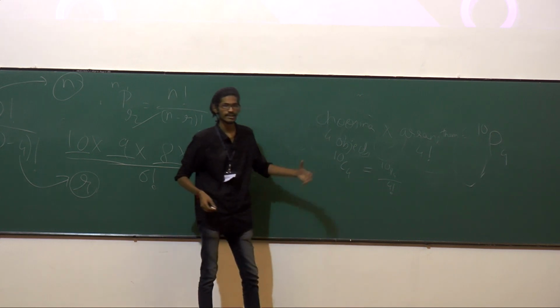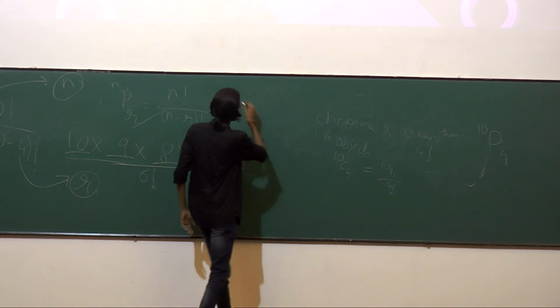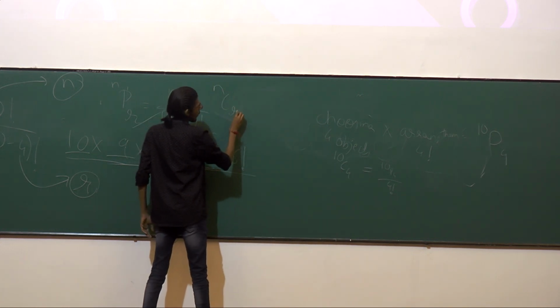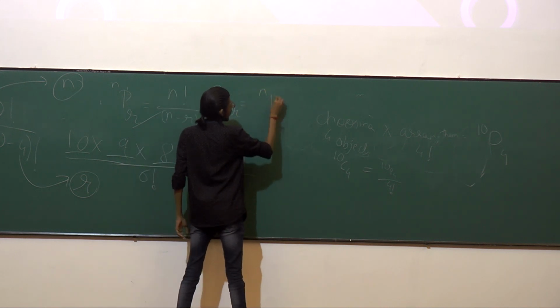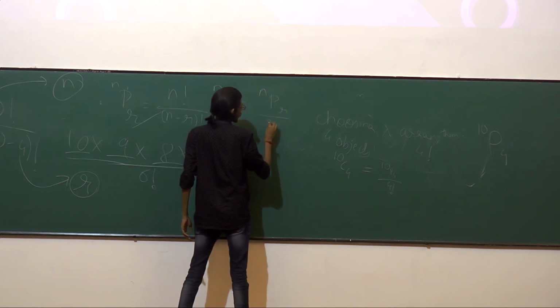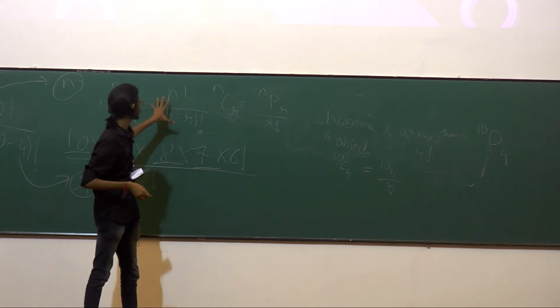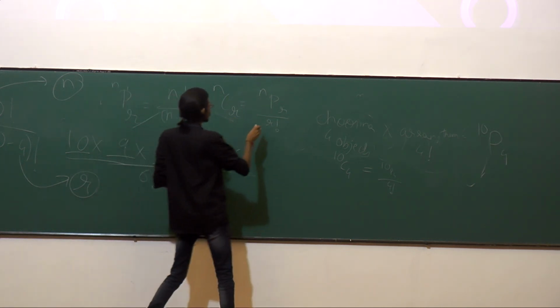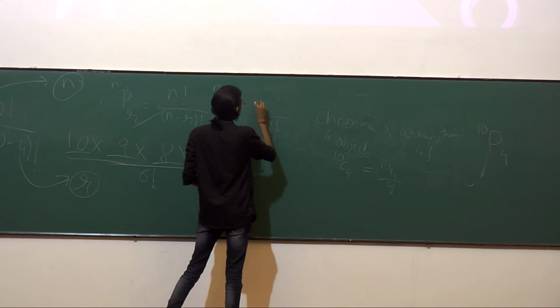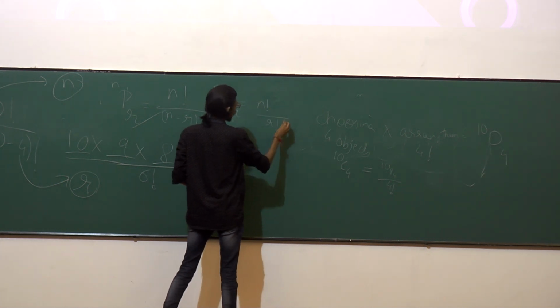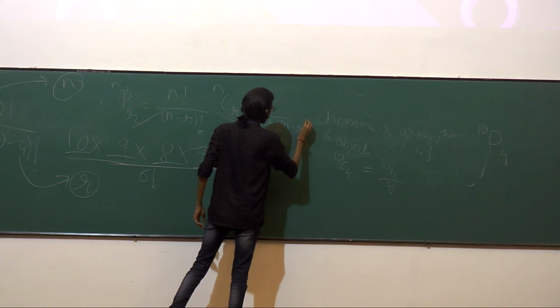Can I generalize the same thing? Then basically we divide this term by r factorial, and we get NCR as n factorial over r factorial times n minus r factorial.